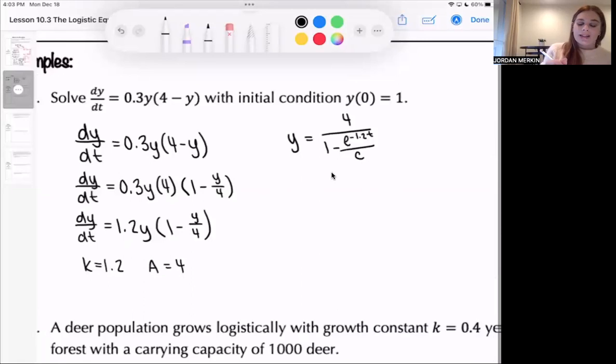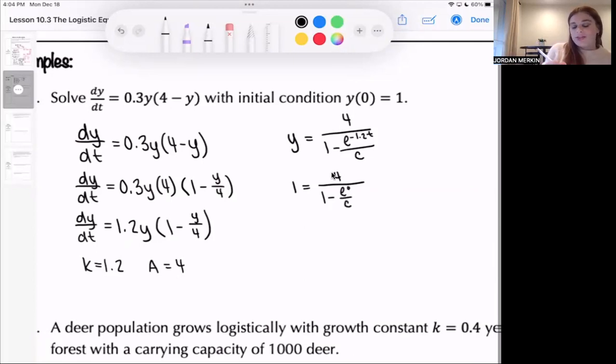So we're going to plug in 0 for t and 1 for y. So we have 1 equals 4 over 1 minus e to the 0, right, which is just 1 over c. And then we can solve from here.